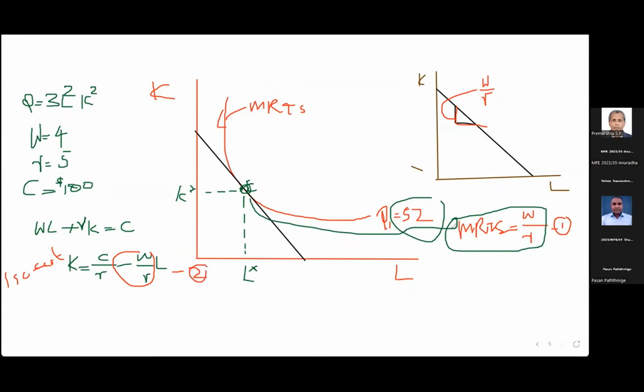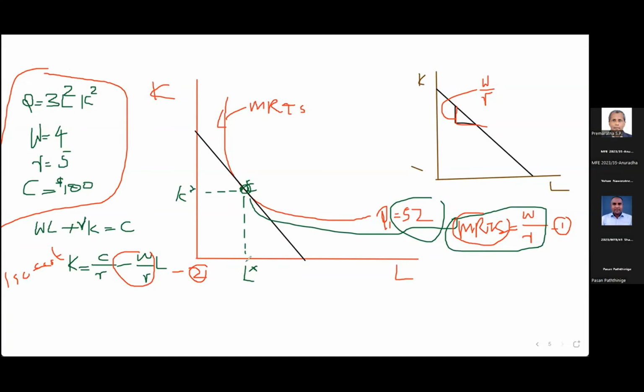Now, what I have to do, maybe I'll stop at this point. Next week, you can bring this value and apply the first order condition. For that, you have to find MRTS, W and R, which you know, and use the second order condition again after applying the first and plug into the second one.